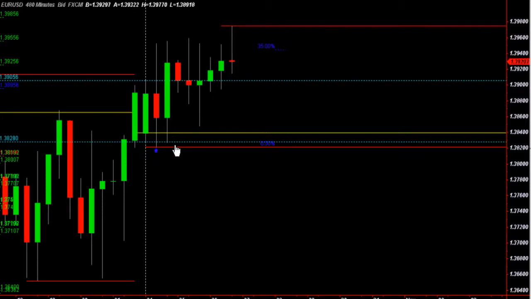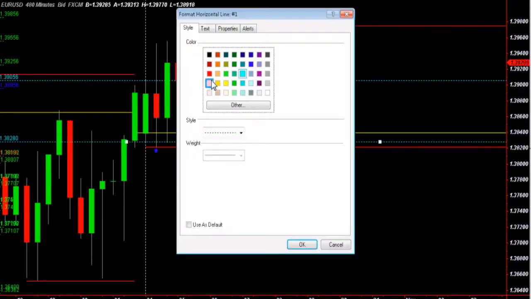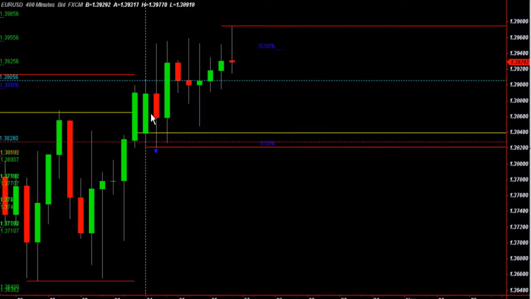My stop loss is, let's just colour these like that. So my stop loss is now at the high of this bar, entry below it, so we're short. Trade triggered there, moved back up against me, closed.